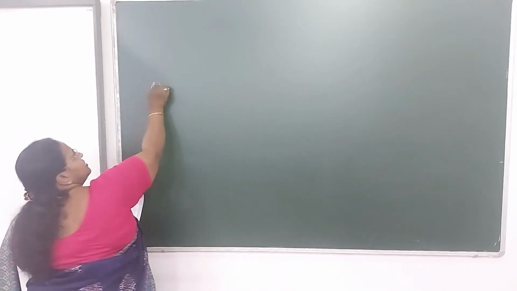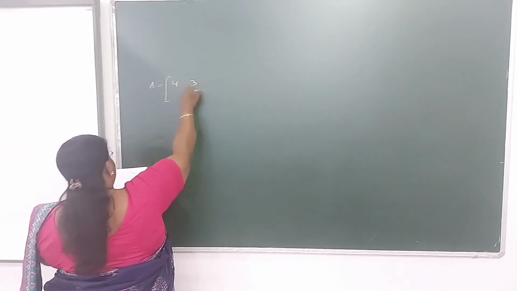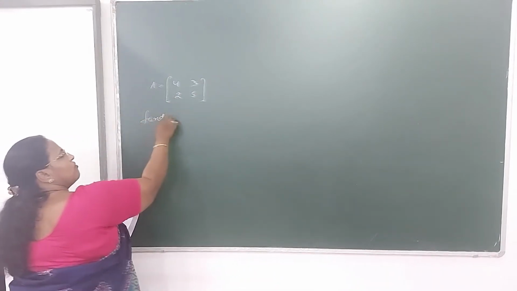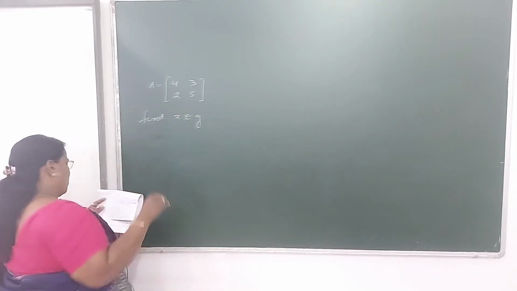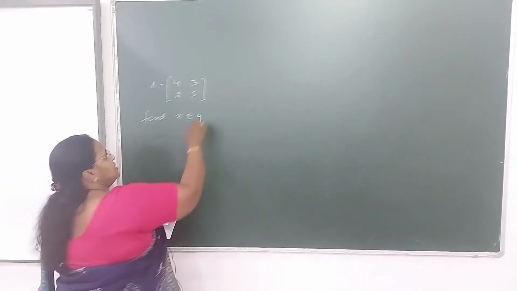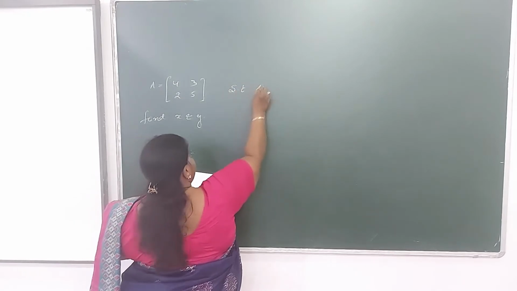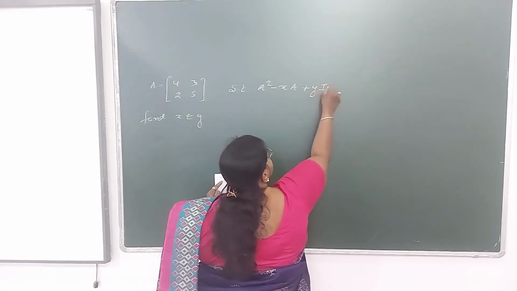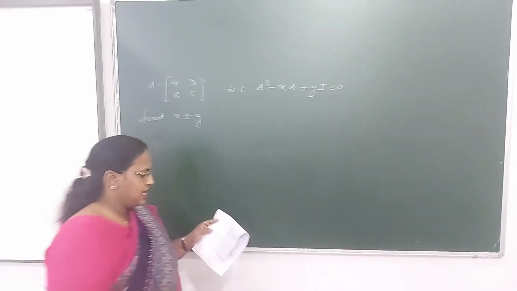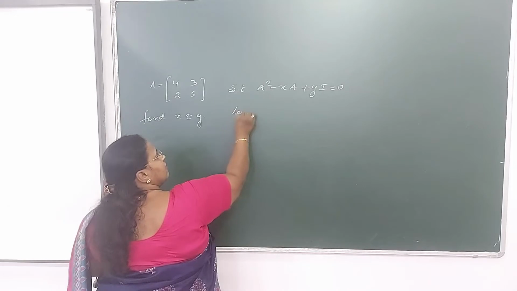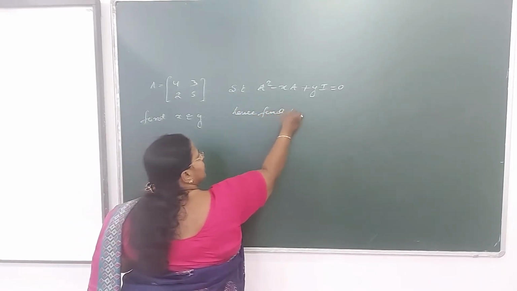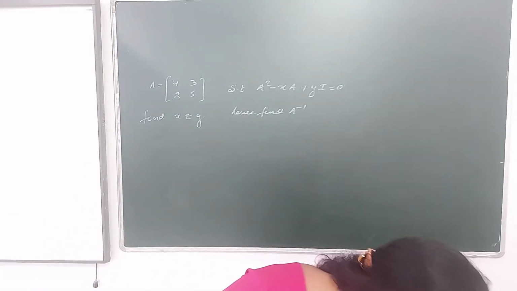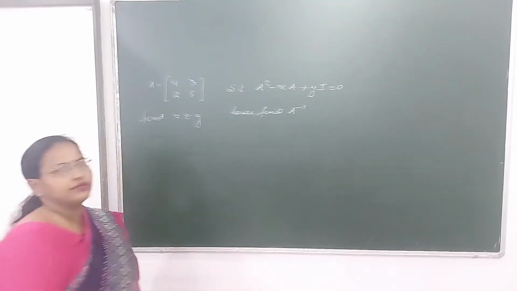If matrix A is equal to 4, 3, 2, 5, the question is to find small x and small y such that A square minus xA plus yI is equal to 0, and hence find A inverse.